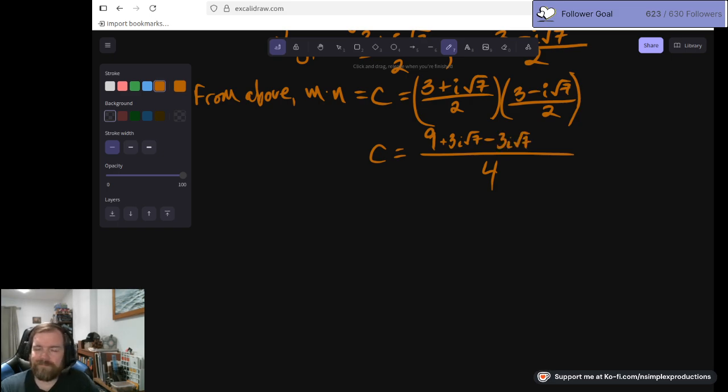So it's the same thing, either way we go. This is still going to end up eliminating this term and becoming 0. And then we get i times negative i, which is going to be a negative i squared. So now it's just going to be a negative 1, so this is going to become a positive, and root 7 times root 7 is just 7.